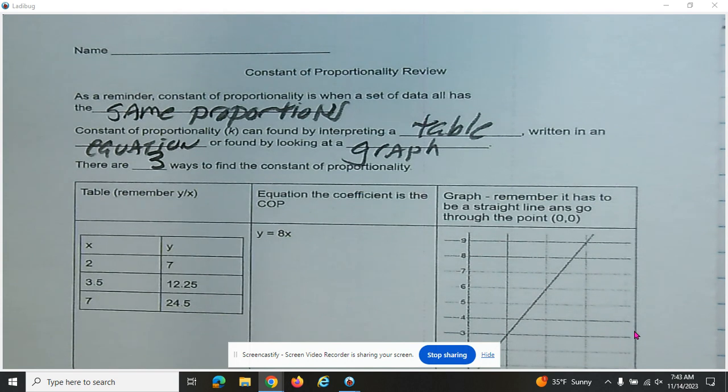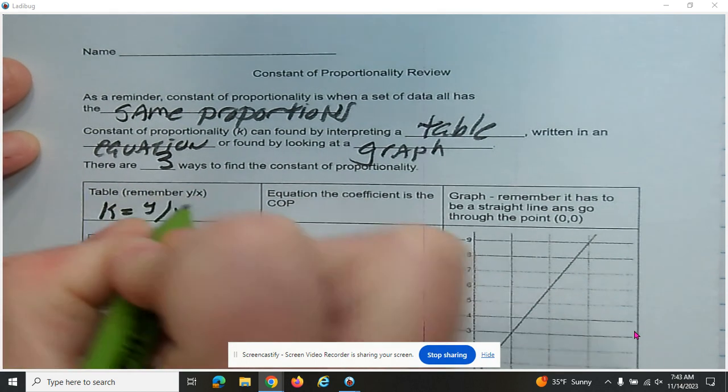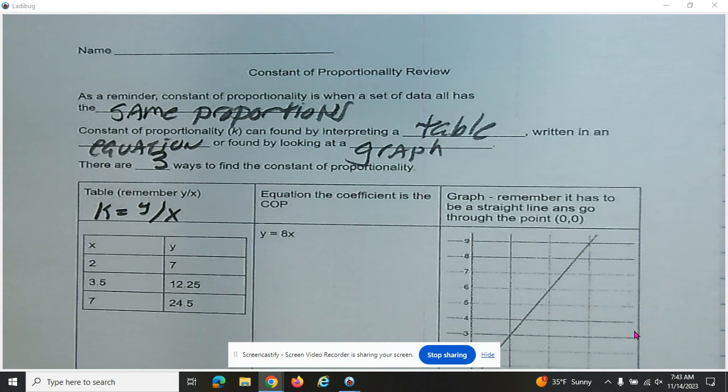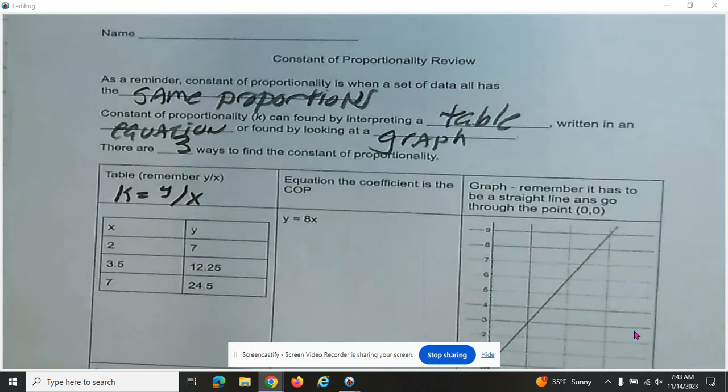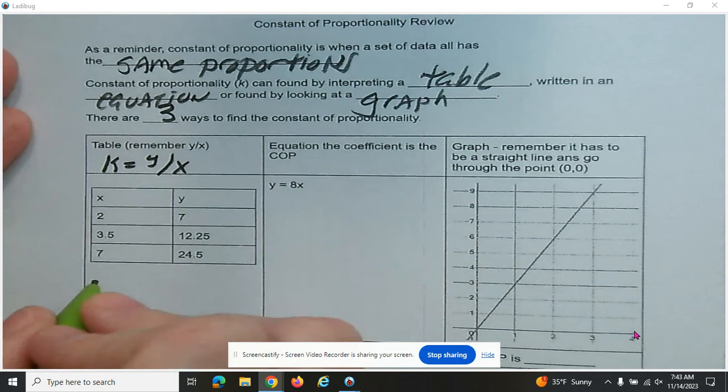On a table, remember you want y divided by x. Sometimes you look at it as a fraction. Sometimes you look at it as a decimal. What is my constant proportionality for my table? 7 divided by 2.